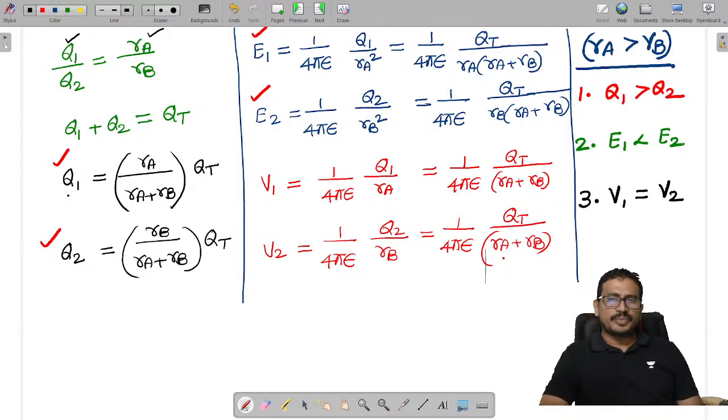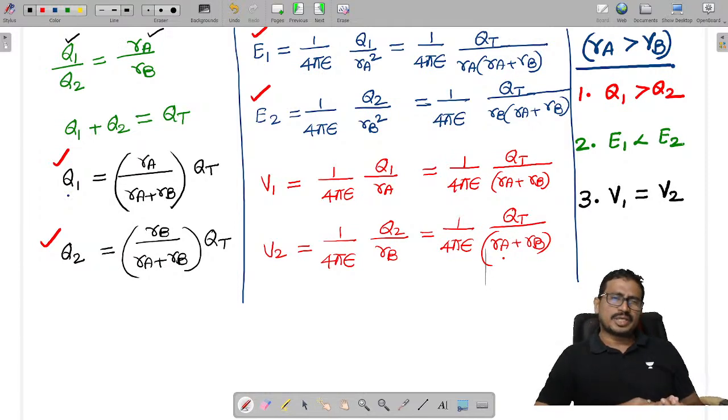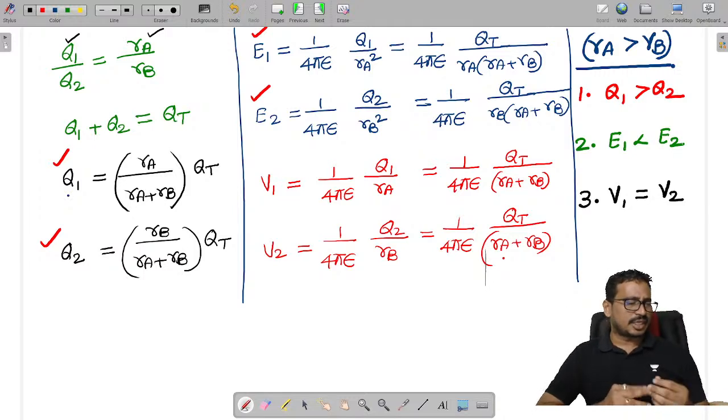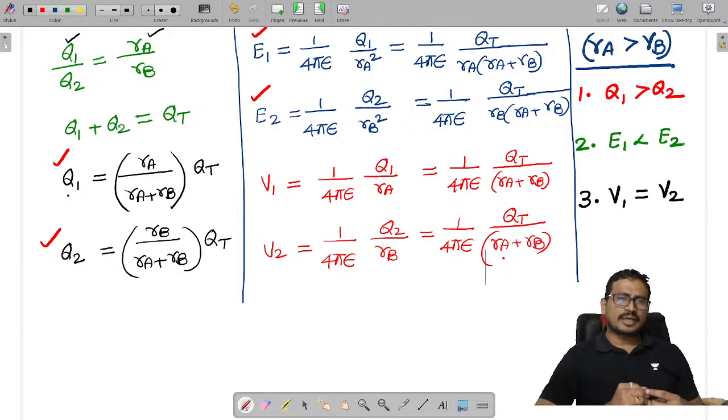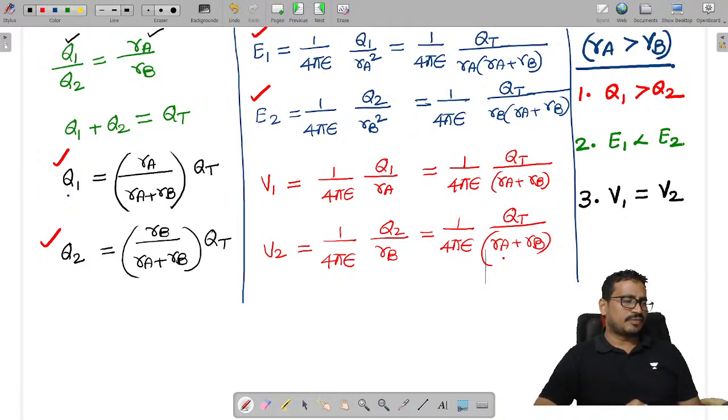See this, that's the beauty. Generally we expect that where the charge is high, the electric field is high, but it won't be like this. In the case of a conductor, that property does not hold. Isn't it, all of you tell me?